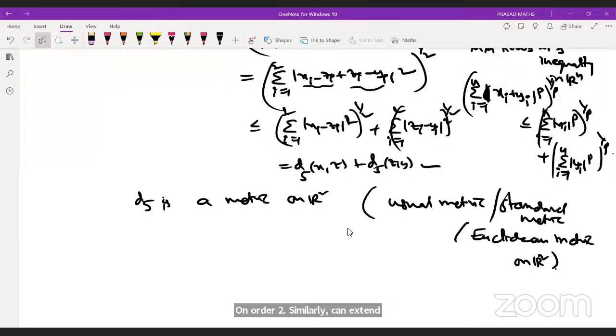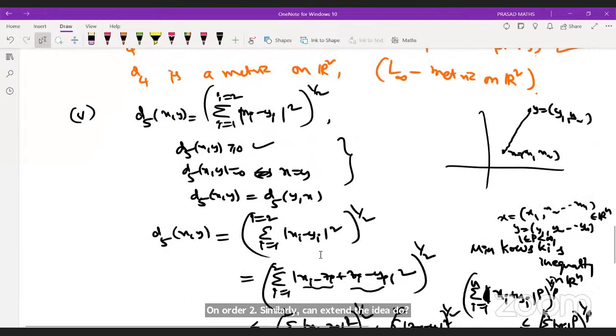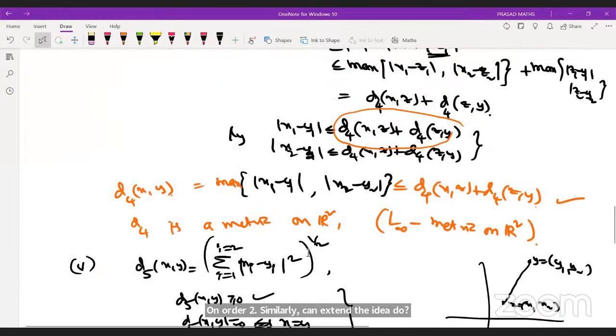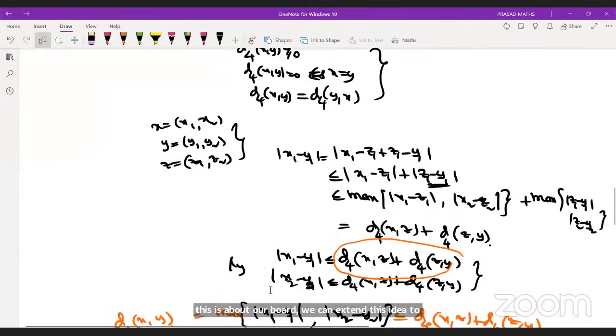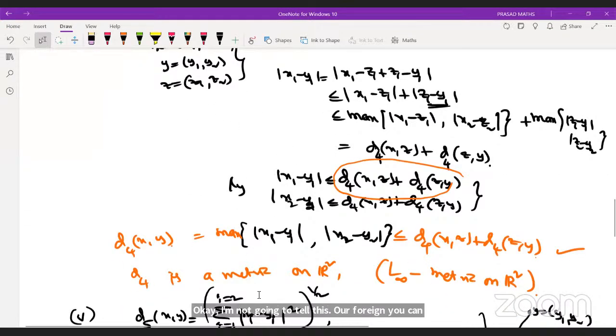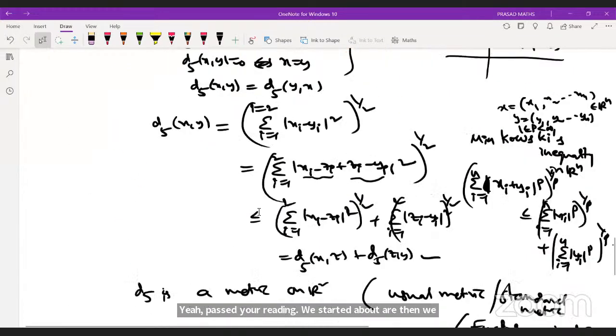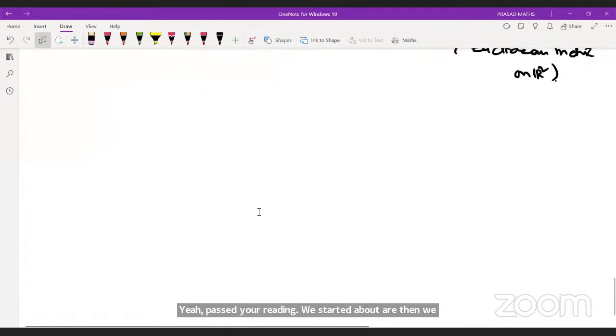Similarly, you can extend the idea to R power n also, right? So this is about R power 2. You can extend this idea to R power n, same. See what I'm doing. First we studied R, then we extended this idea to R power 2. Similarly, we can extend this idea to sequences.